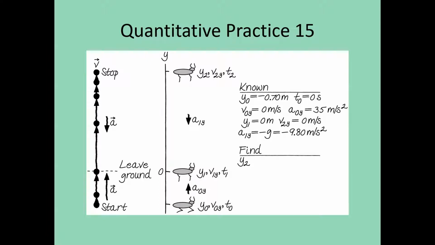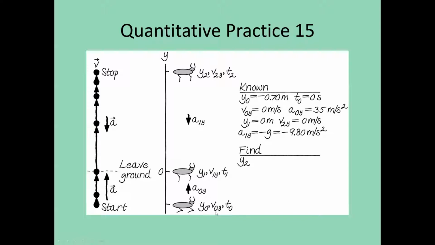So in this case, this problem is broken up into two pieces. The first piece is when the antelope is crouched down and is in the process of accelerating to the point in which he leaves the ground. So we'll call this with the appropriate variables or parameter names. Y naught is when he's crouched down. T naught is when he's at that crouch position.